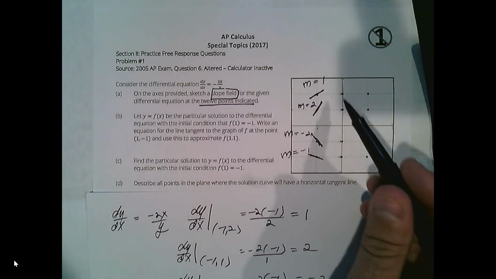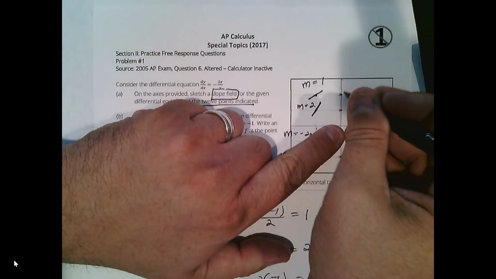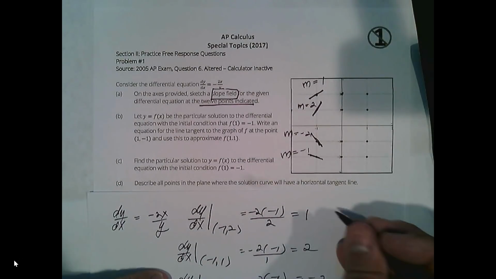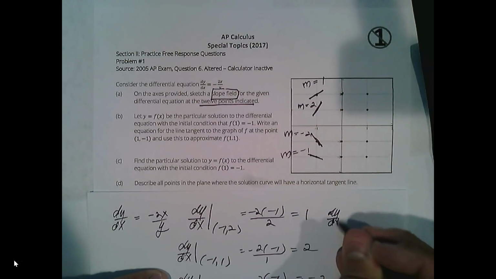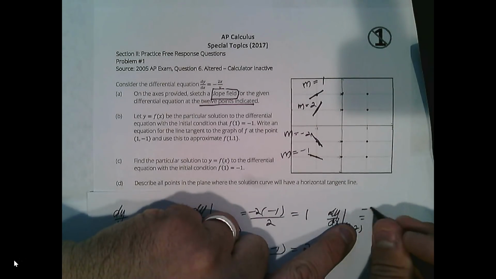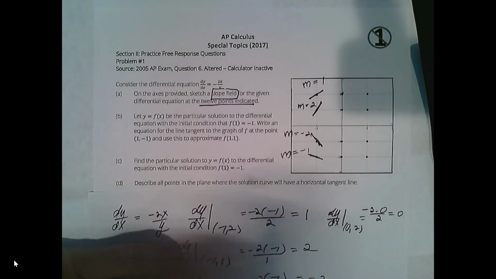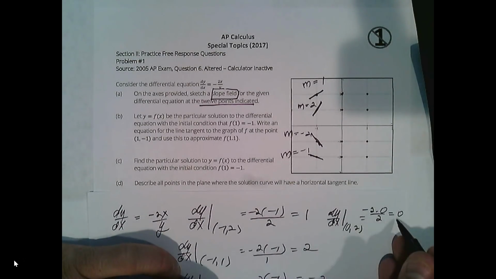I do, however, want to look at this next column of points. Now these are points like 0, 2. And if I find dy/dx at 0, 2, plugging it in, I'm going to get negative 2 times 0 over 2, which is 0. How do I draw a tangent line with a slope of 0?